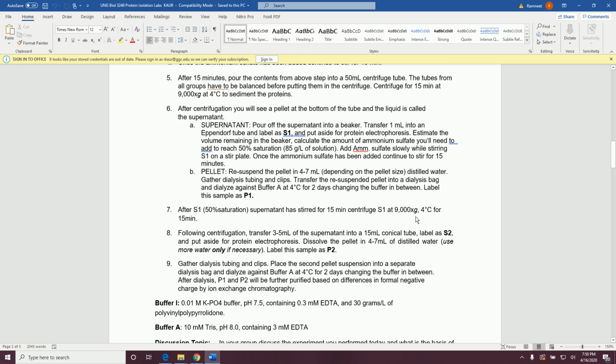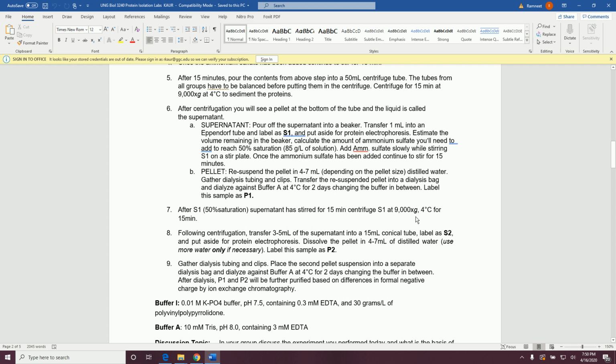This pellet is called P2, and the supernatant is S2. So basically, reaching this point, this is what you would have done experimentally during the first week.